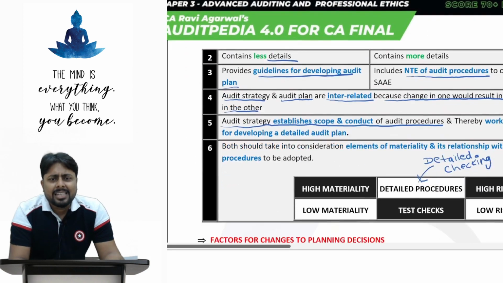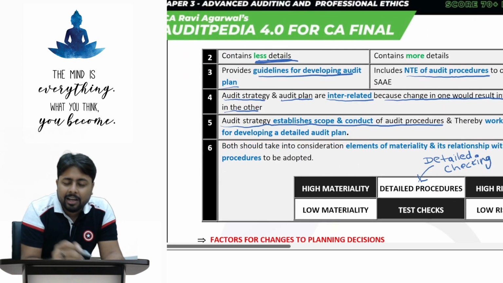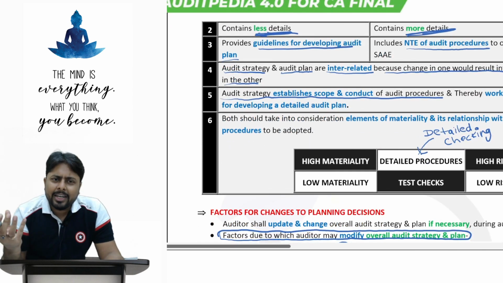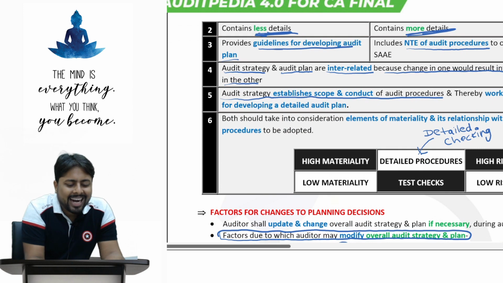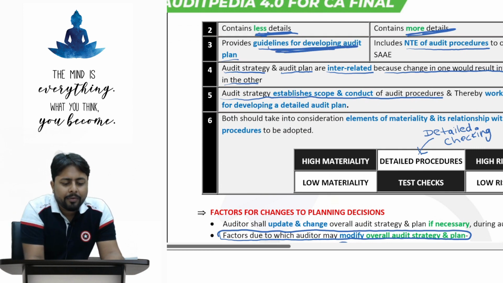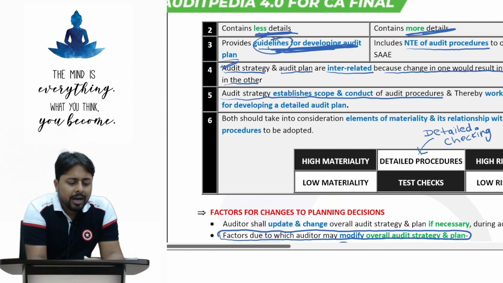Strategy is less detailed, plan is more detailed. Audit strategy is made to provide guidelines for developing the audit plan.